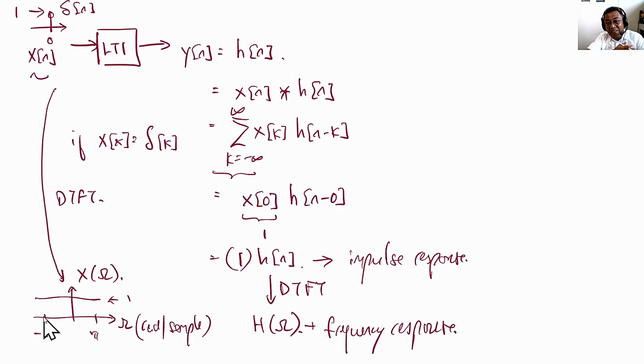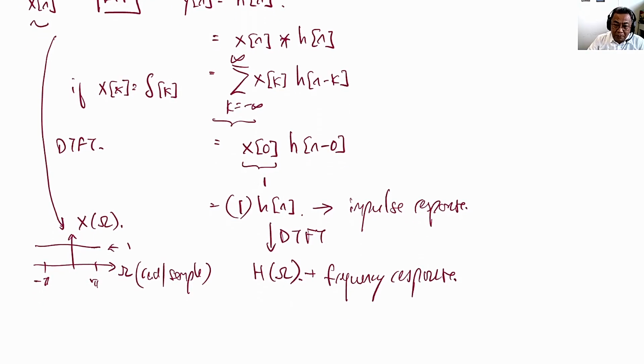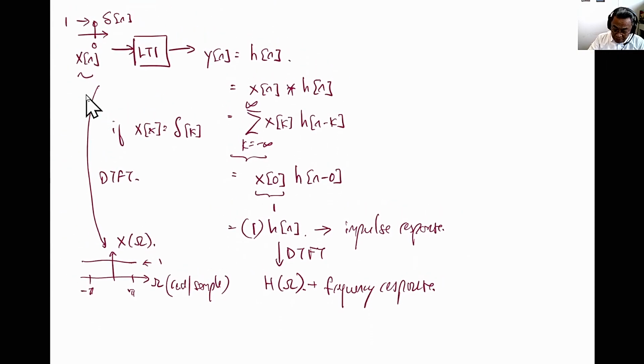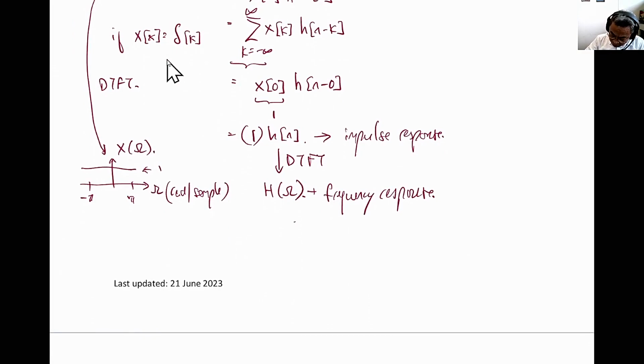So basically we are sending all frequencies into the system, and whatever comes out is called the frequency response, because the frequency response is showing us how different frequencies will react when passed into this LTI system. So let's have an example of a frequency response, and for example a frequency response has this shape from minus pi to pi for the amplitude, and for example this shape for the phase.